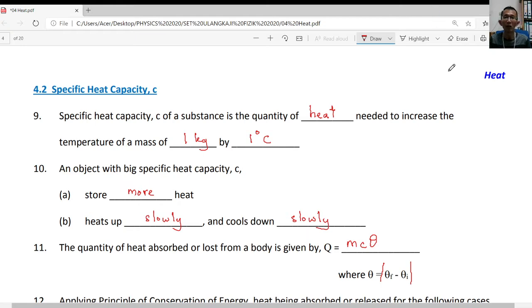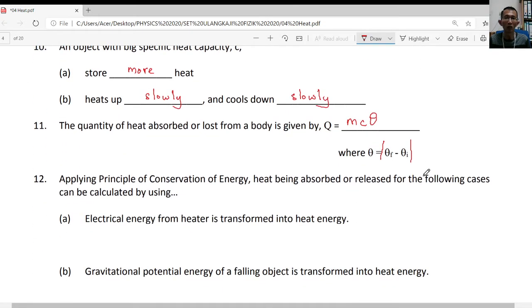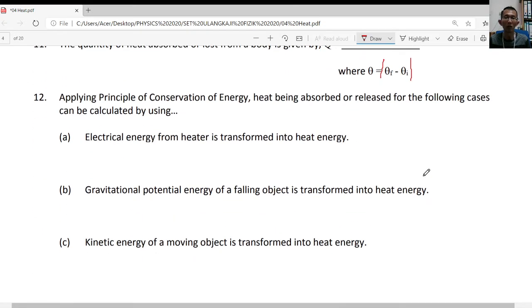All right. So we go to question 12. Applying principle of conservation of energy, heat being absorbed or released from the following cases can be calculated by using: if we are using electrical energy, I have Pt, power multiplied by time, so this Pt equals mc theta.